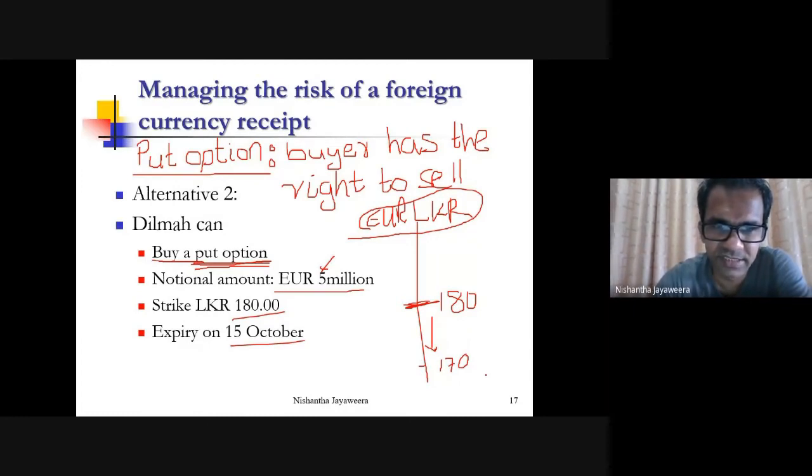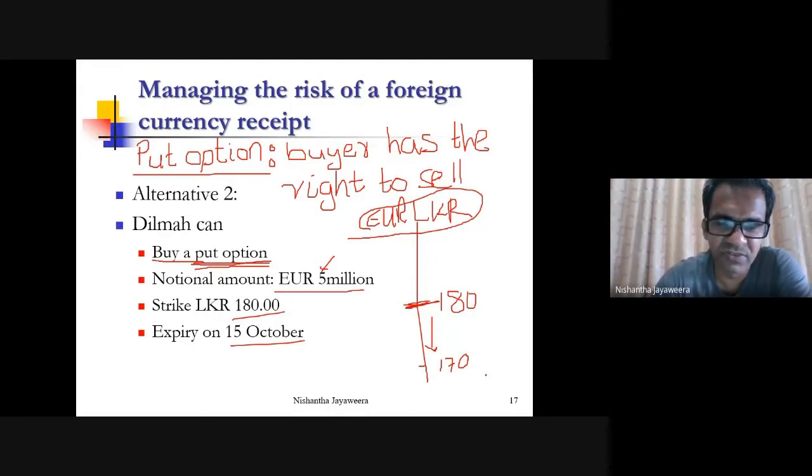So here the risk is rupee appreciation. The Sri Lankan exporter has the foreign currency asset. The worry, or the risk, is that the rupee appreciates against the foreign currency. Therefore, the exporter wants to protect its downside risk.